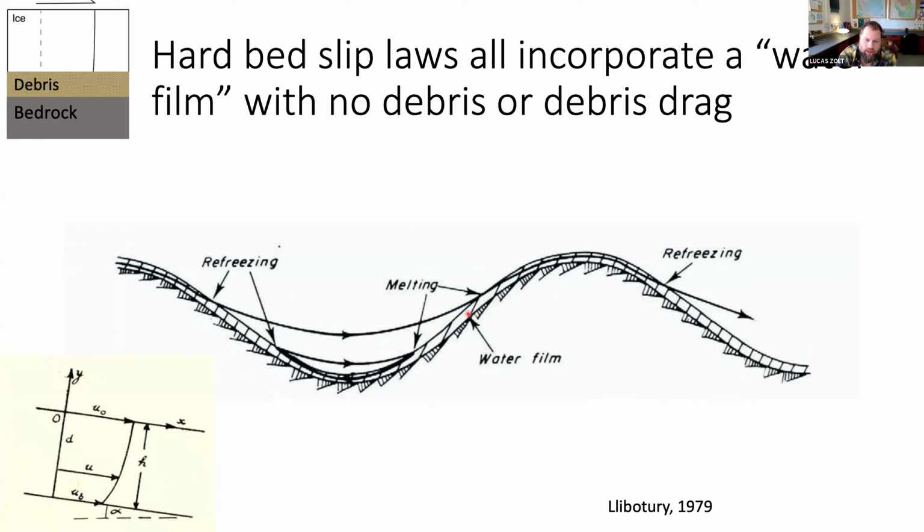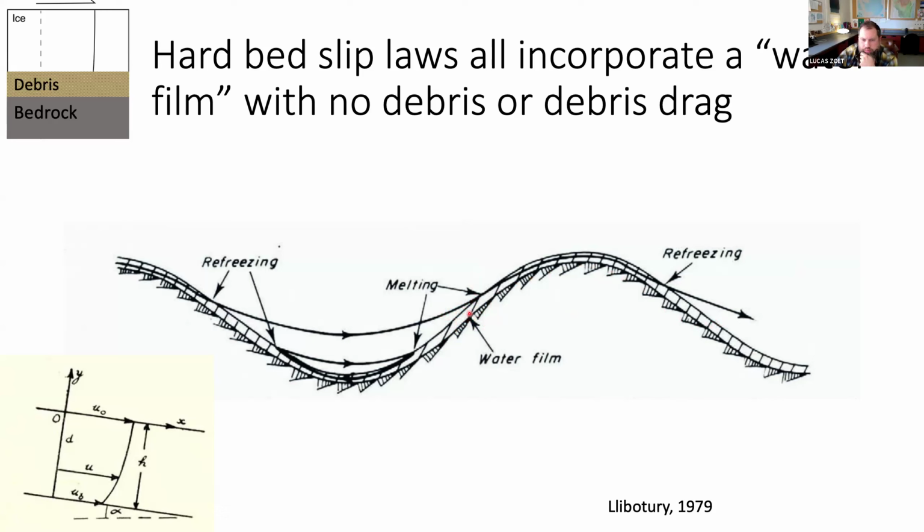And what that water does is it eliminates any friction between the ice itself and the bed material. And so all the resistance has to come from the ice, either viscously deforming around these bumps or regelating around them if it's able to, and there's no actual friction between the ice and the bed.